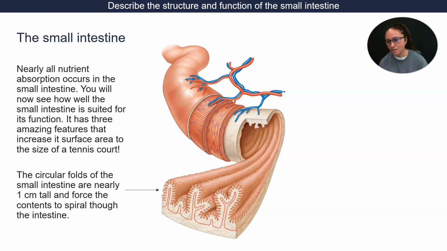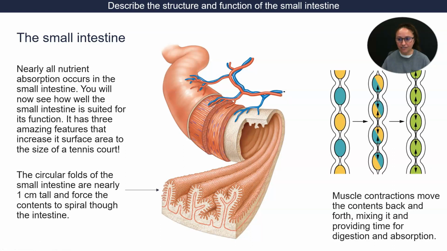It's like that ride. That is what your food is doing as it goes through the small intestine, making sure we're making contact with all of those cells that live in there.